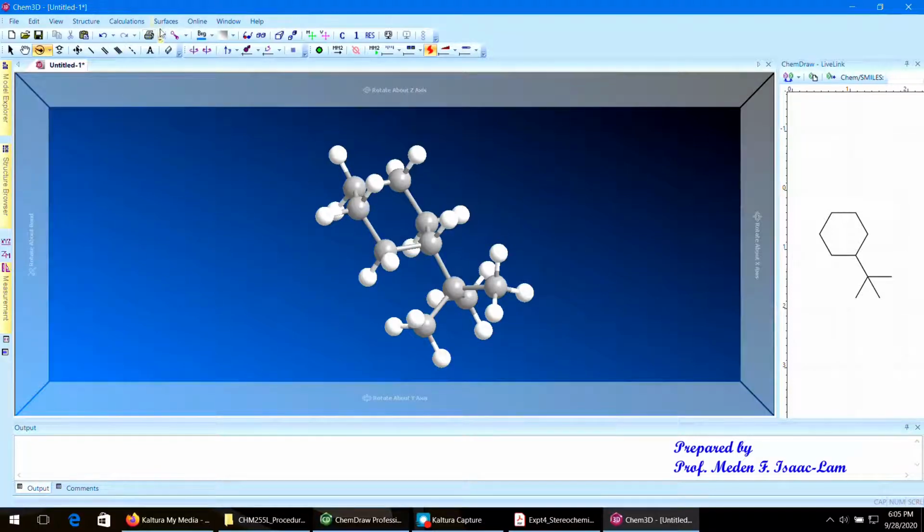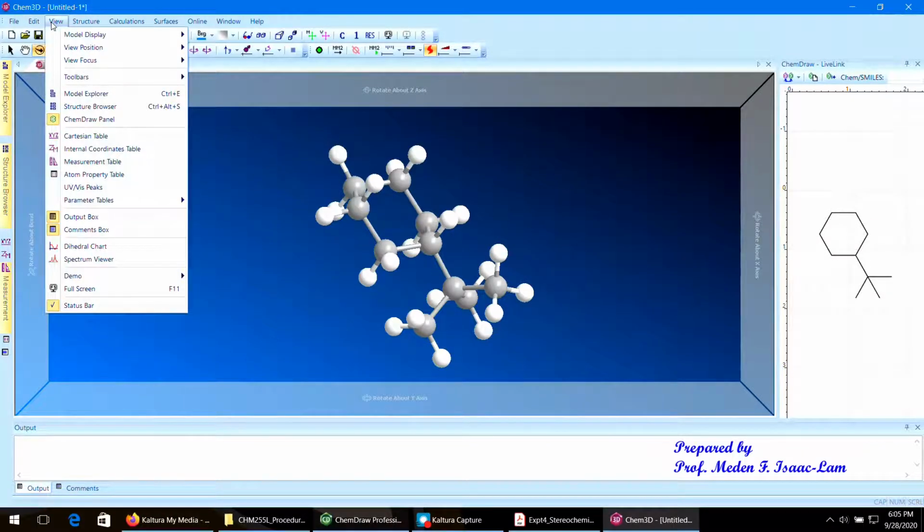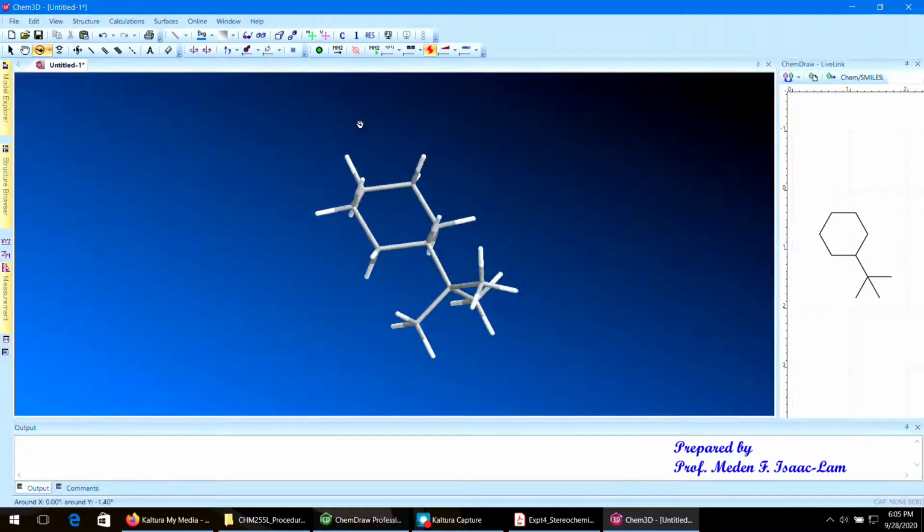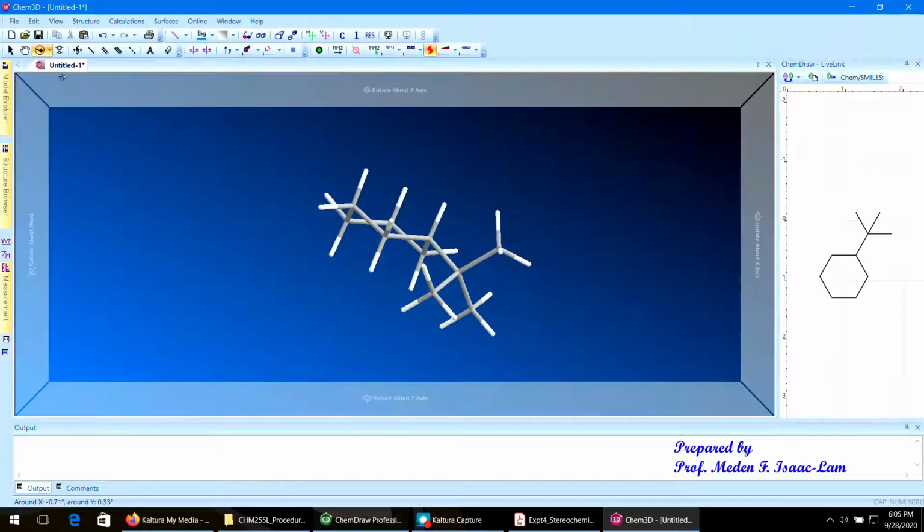And then I can also click on View, and then Model, Display, and then Display Mode. I can also change the model into sticks, and then rotate the molecule.